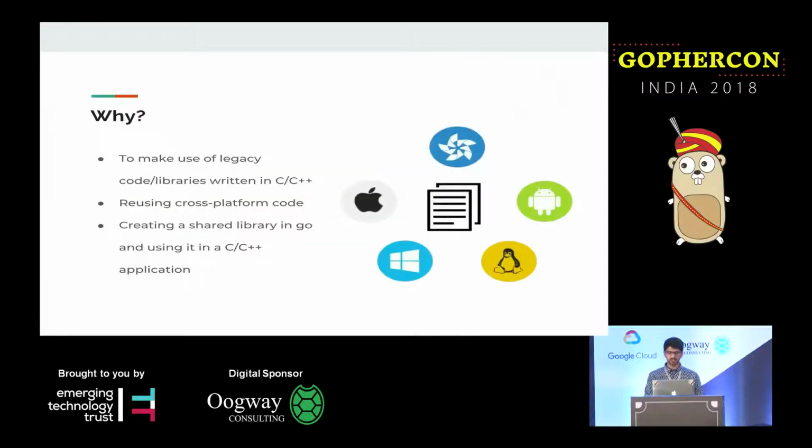So when do you want to use CGO? Like me, if there's some popular C or C++ library, then to use that with Go, you'll want to use CGO. Or one of the things that the Go mobile project does is that it uses C as the intermediate language.